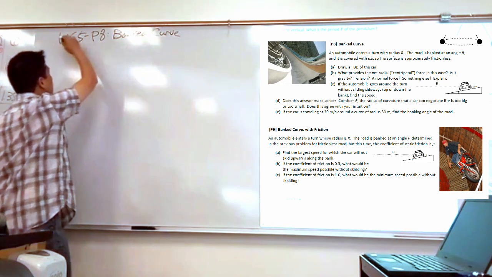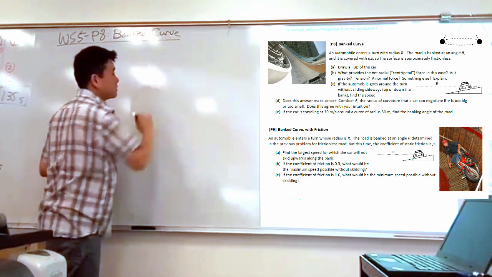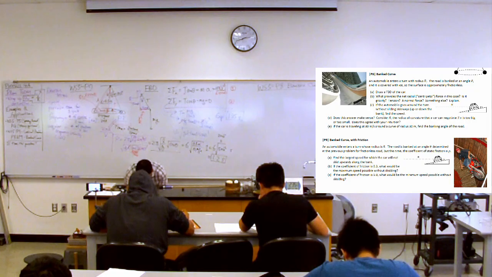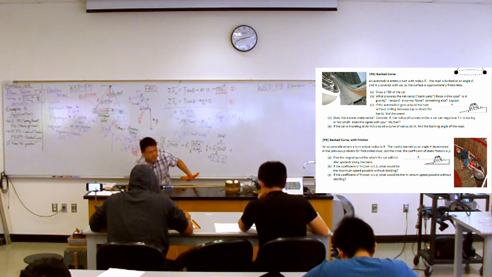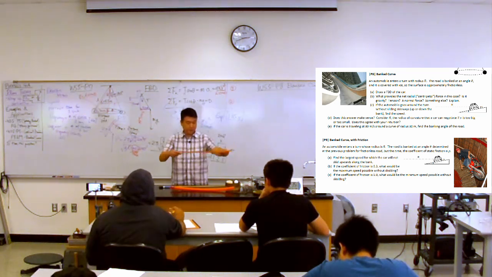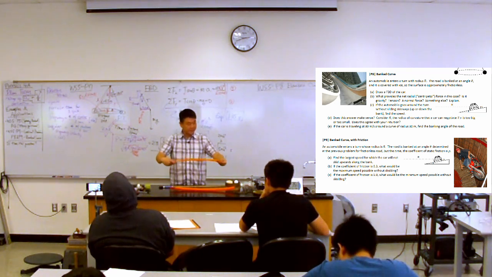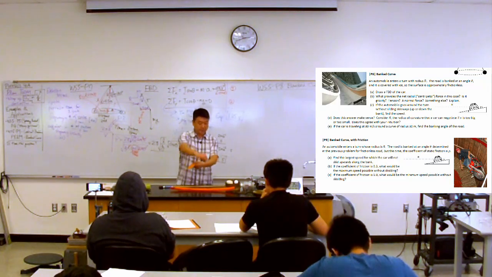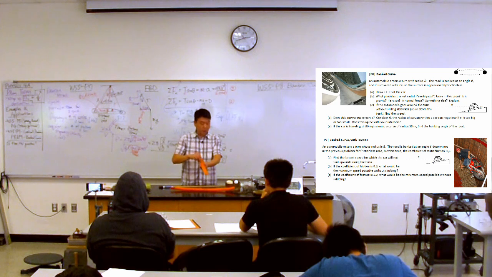So everyone okay with what the question is describing? Kinda. I have these toys that you will see eventually soon. If we have a road that is just bent this way, you can see that as the car goes, if the road is frictionless, it won't be able to make the turn.